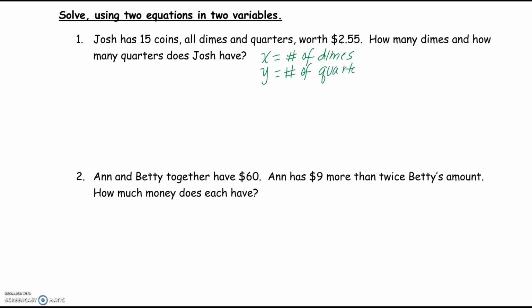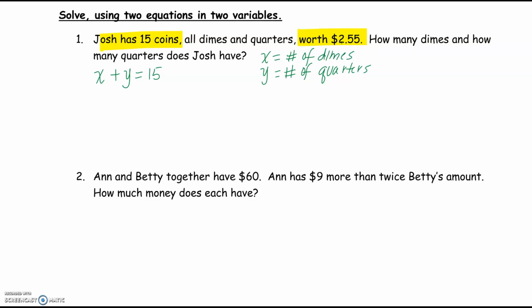We know that he has a total of 15 coins in all. That 15 coins consist of quarters and dimes. So one of our linear equations is the number of dimes, x, plus the number of quarters, y, equals the total number of coins. We also know that the coins are worth $2.55.